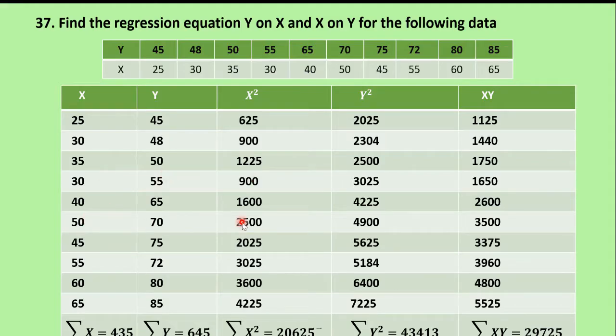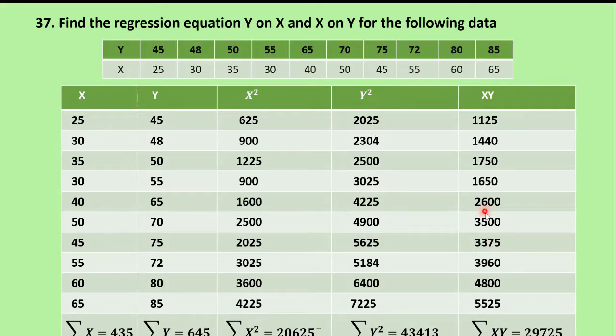Square means you multiply the number twice. Similarly, y square: 45 into 45, 48 into 48, 50 into 50, 55 into 55. Likewise, find x square and y square, then sum up all the x square to get summation x square, and sum up all the y square to get summation y square.